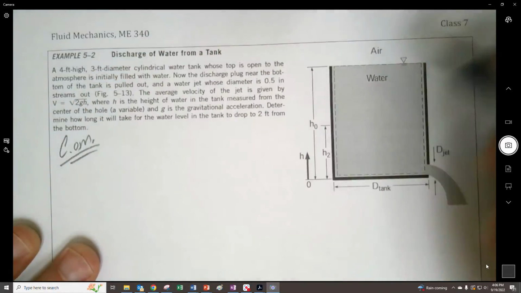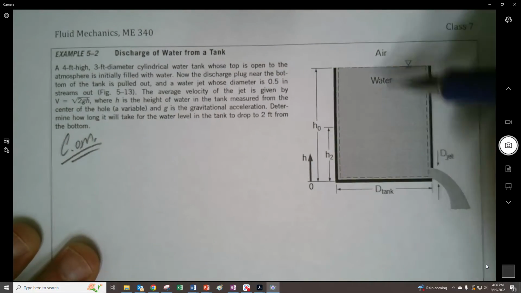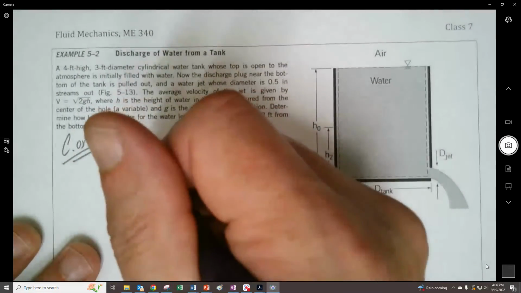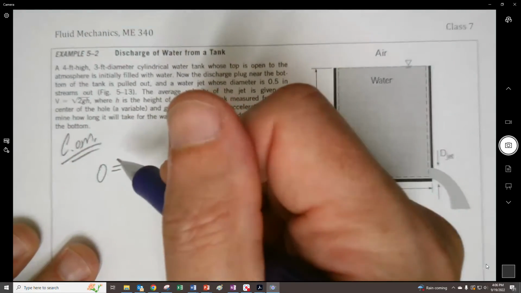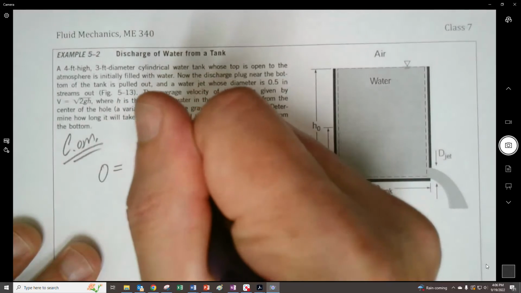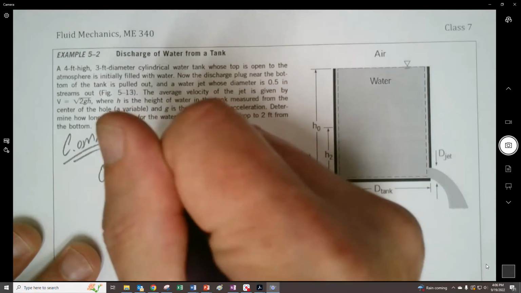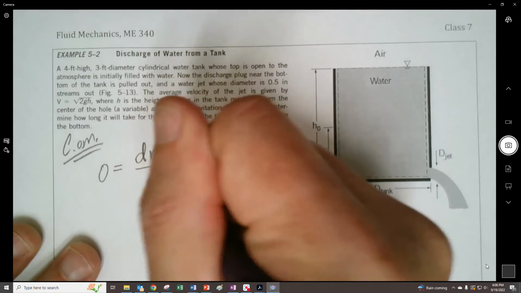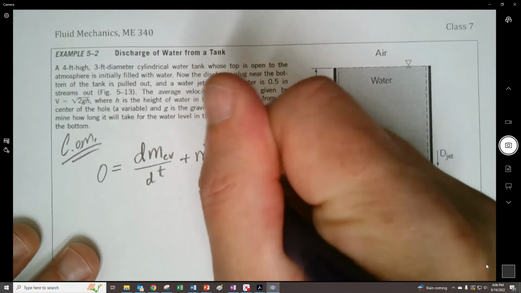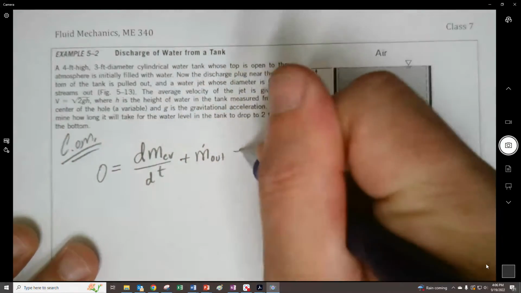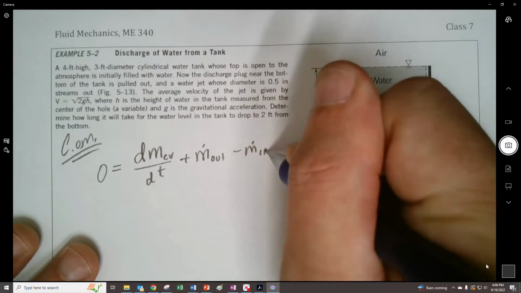And what we have going on here in terms of the tank is 0 is equal to dm of the control volume dt, right? And then that's going to be plus m dot out minus m dot in.